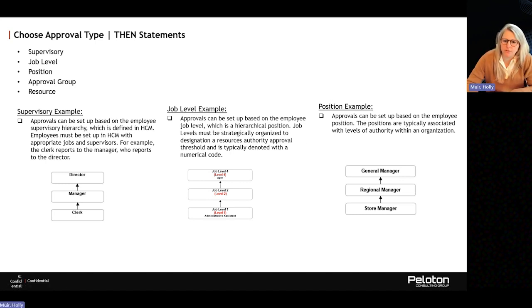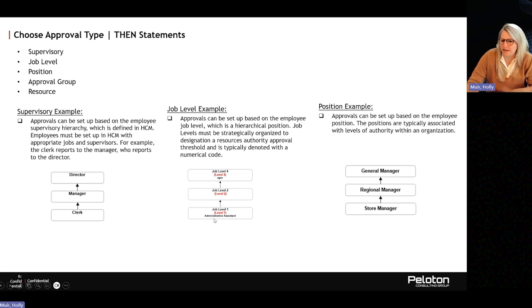Job levels must be strategically organized to designate a resource authority approval threshold, and is typically denoted with a numerical code. So what this means is you have certain job levels.